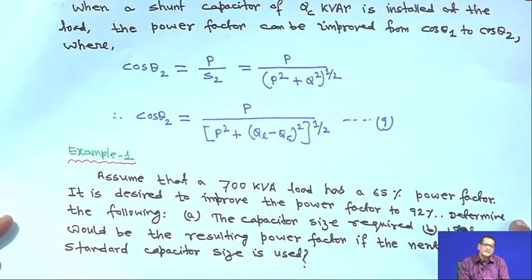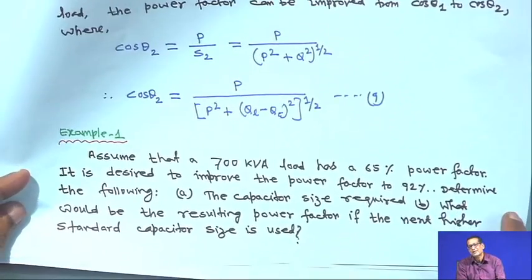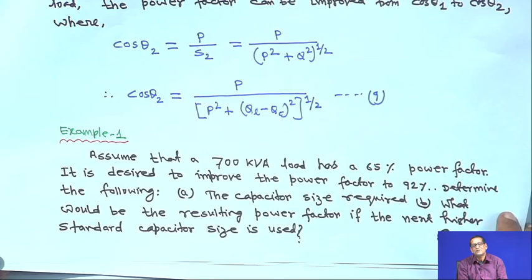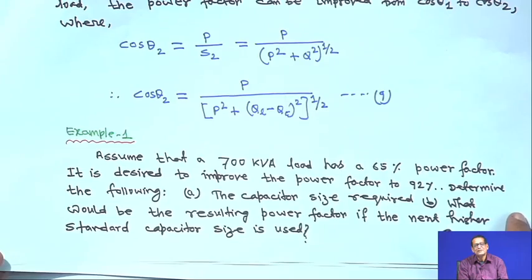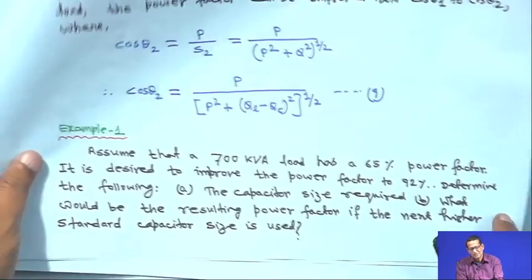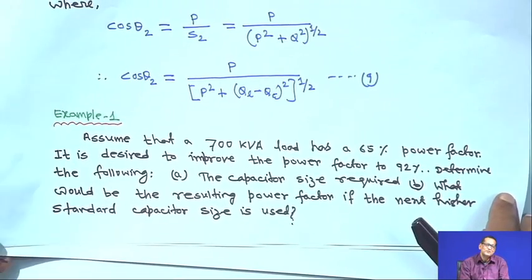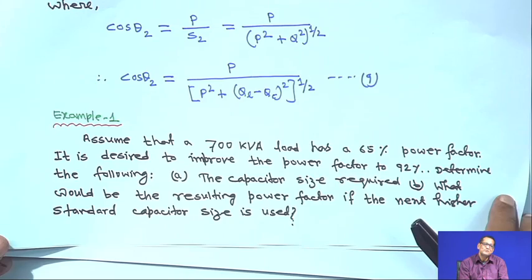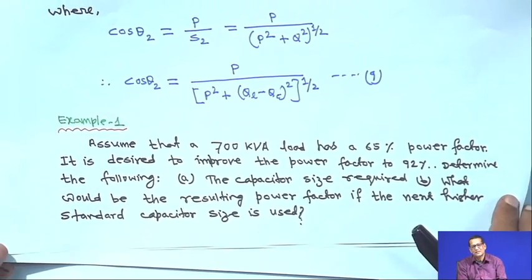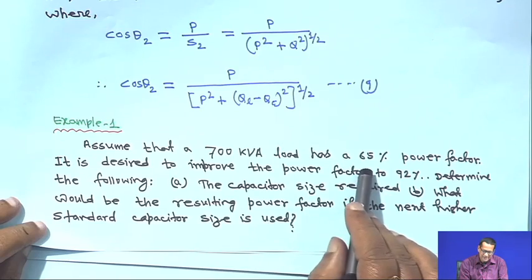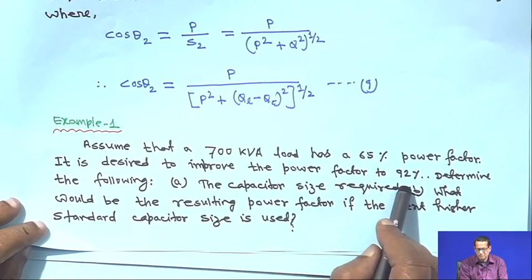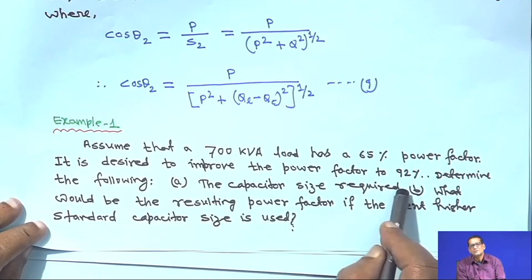Some standard ratings of capacitors are available in the market, like 25 kVAr, 50 kVAr, 100 kVAr, 200 kVAr, like that. If 75 is not available, then perhaps you have to use a 125 or 150 bank. So, a 700 kVA load is there at 0.65 power factor, to be improved to 0.92.